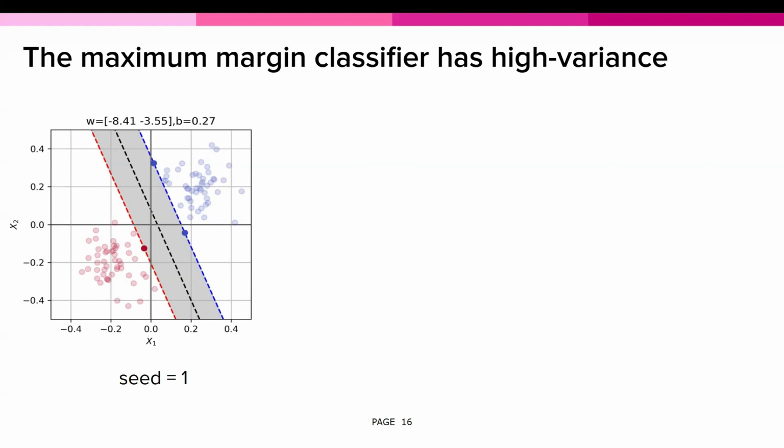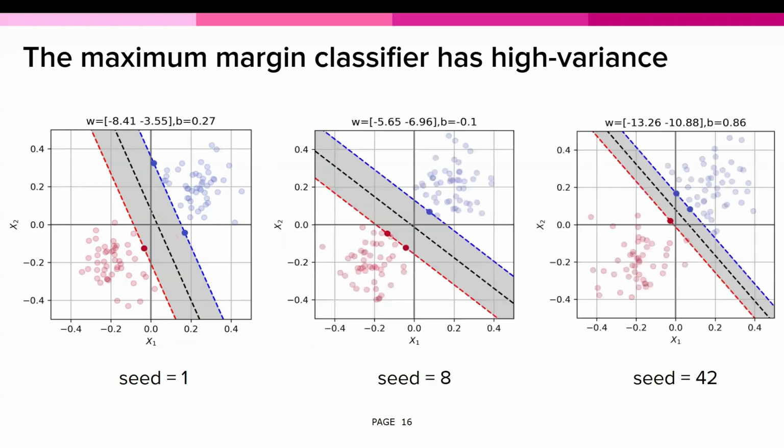What I'm going to show is that even if a separating hyperplane exists for linearly separable data, as it is in this case, it might still be beneficial to use a soft margin SVM. These three plots show the maximum margin classifiers applied to the same data set, but with different random seeds: seed of 1, seed of 8, and seed of 42.